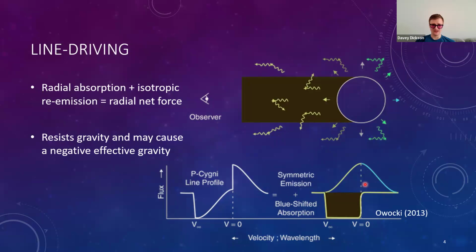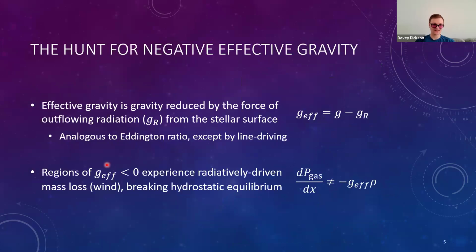Now, in order to have this line driving in the first place, this needs to be a significant enough net force to make a dent in the effect of gravity around the star. And particularly in order to drive it as an outflow that would get that blue shift, we need to see a significant reduction in gravity to even get into negative effective gravity, as it is called.